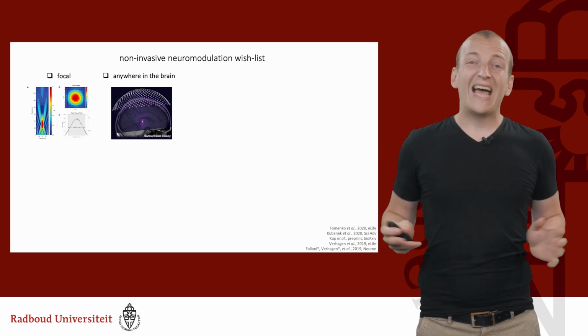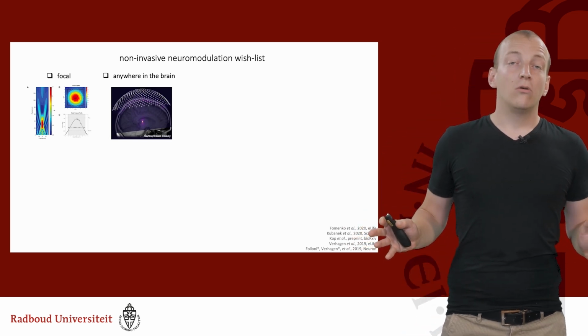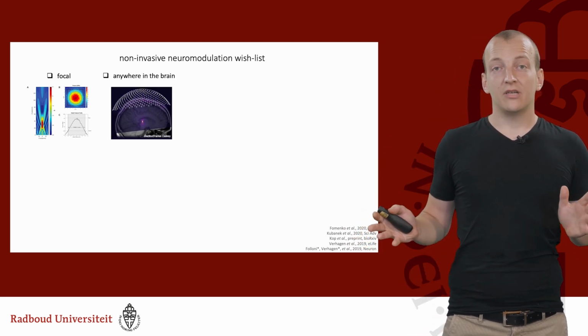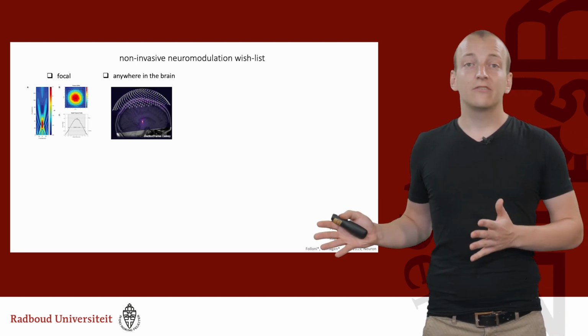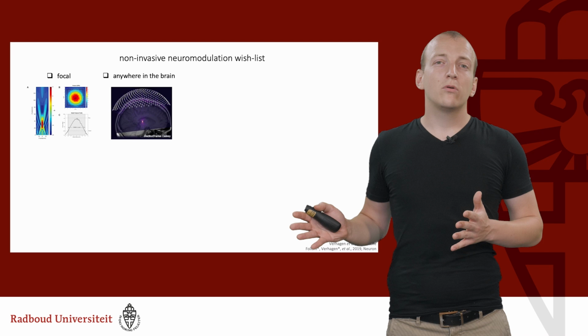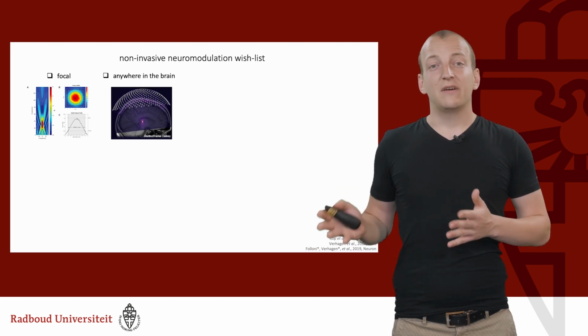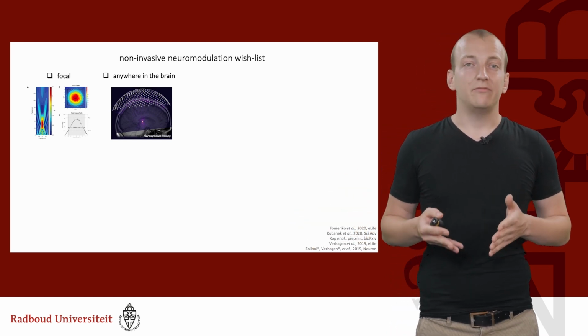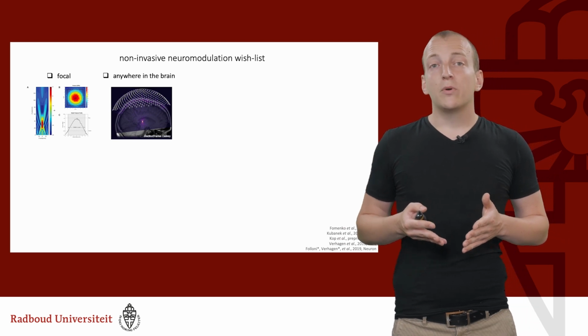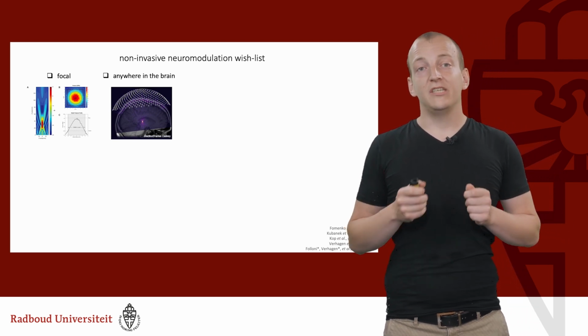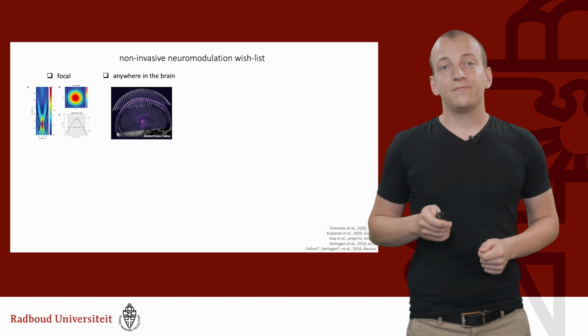We would like to reach anywhere in the brain. So most non-invasive neuromodulation applications today, like transcranial magnetic stimulation or transcranial electrical stimulation, are mostly focused on cortical regions. It's very difficult to reach those deeper brain regions that are implicated in many disorders. But with focused ultrasound, the promise is that we can actually target deep brain regions.